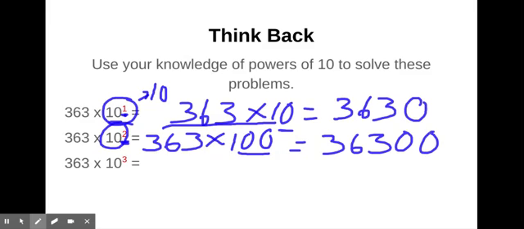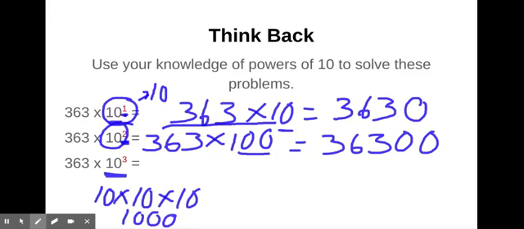Our last problem, 363 times 10 to the third power, we know again that 10 to the third power means we're writing 10 three times, or just 1,000. So the problem we're actually trying to solve here is 363 times 1,000.